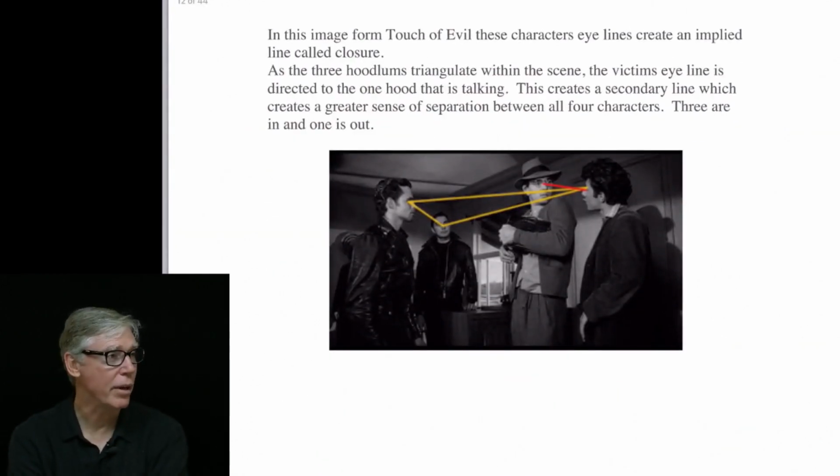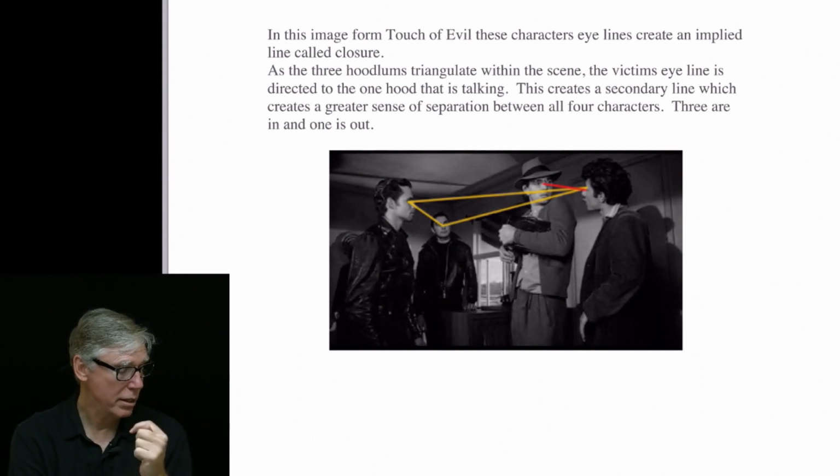And you can see what's going on. The two on the right, it's more of an intimate situation between the two because the guy who's being questioned here, his eye line is going back to the guy on the right. And so they have a strong connection with that eye line, and the others create closure in there. There's also tonal contrast in the lines on the ceiling and stuff from the light coming in.